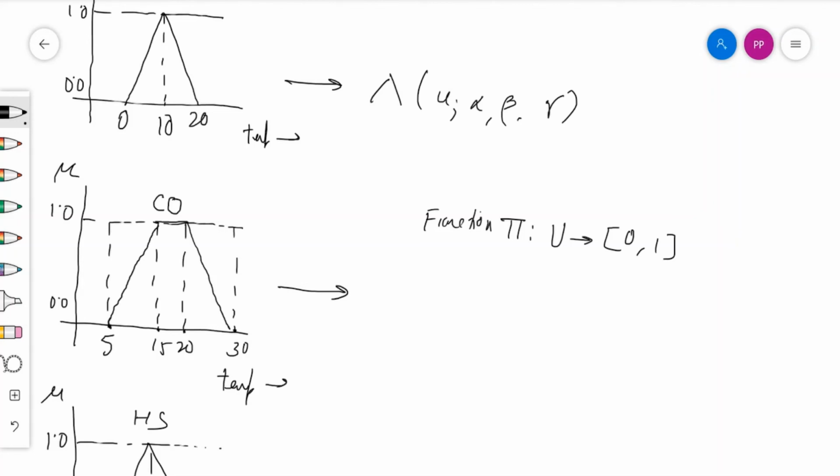So capital pi you can write like this, which is a function of U, comma, alpha, beta, gamma, delta, with alpha, beta, gamma, and delta all small. So here you have the values alpha, beta, gamma, and delta.